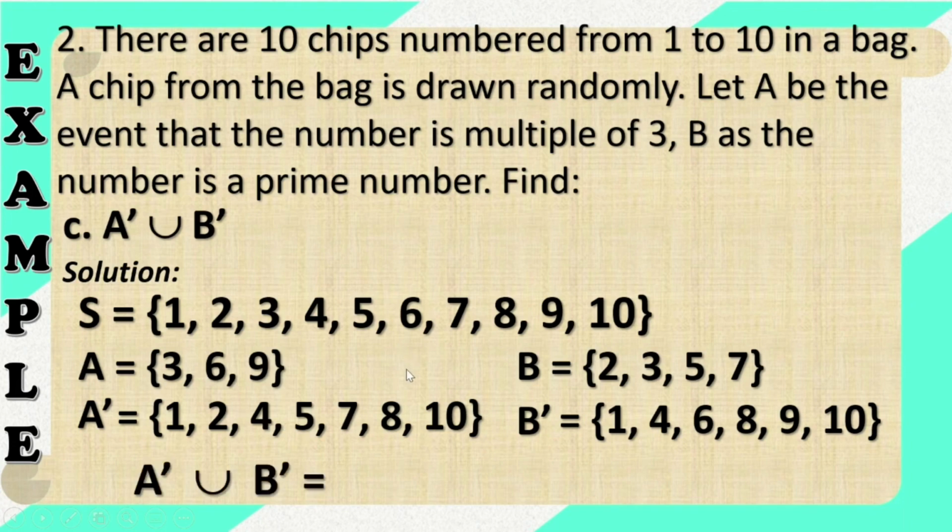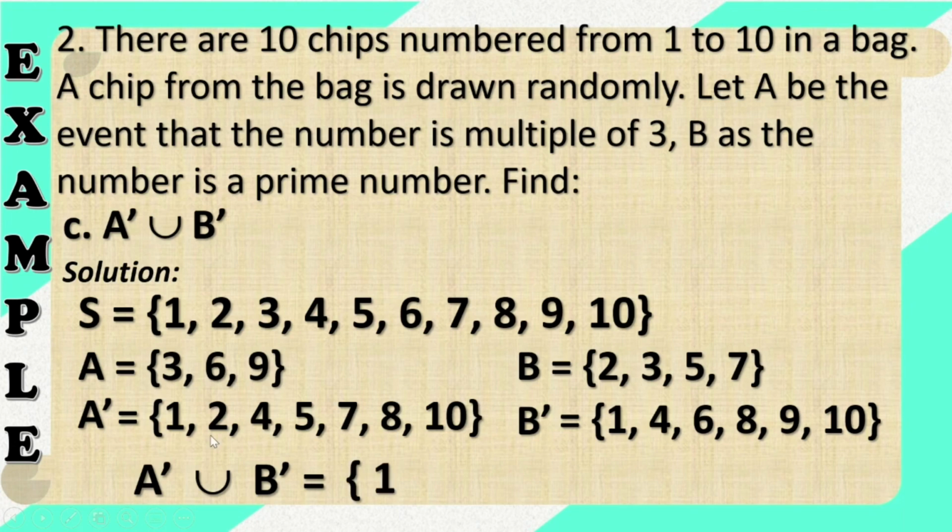Then we combine the elements of A complement and B complement. So, that is our A complement union B complement. Take note, the elements cannot repeat, and they should be in ascending order.